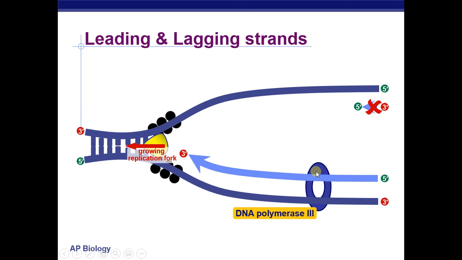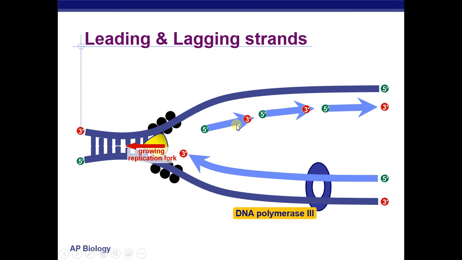DNA polymerase, pretty straightforward, can only work from 5' to 3'. So what it needs to do is to go backwards and synthesize the new DNA in segments. As more gets unzipped, it proceeds farther and goes back to where it left off.